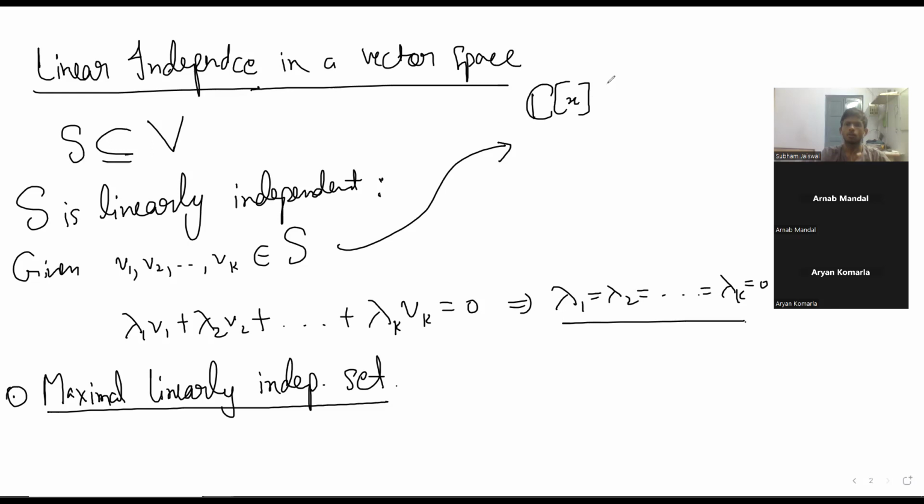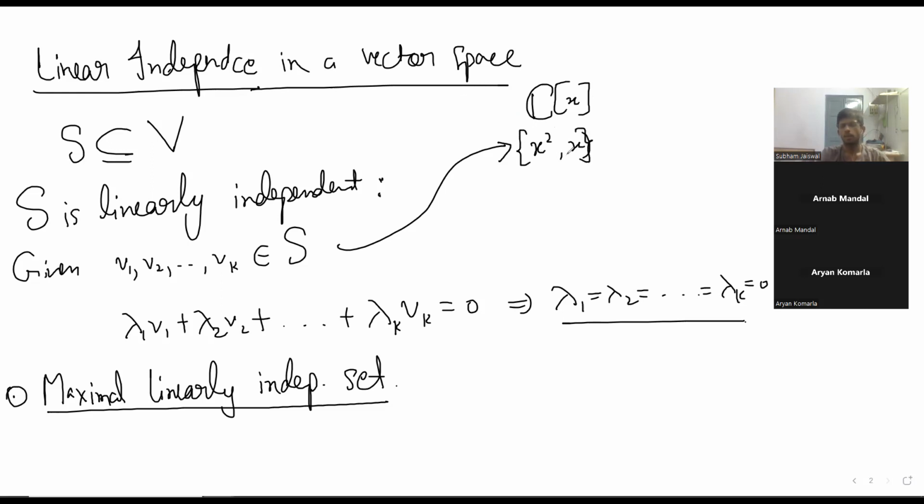Right. No, these are polynomials. Oh, sorry. So then we can take the polynomial x squared and the polynomial x. Right. These are linearly independent, right?